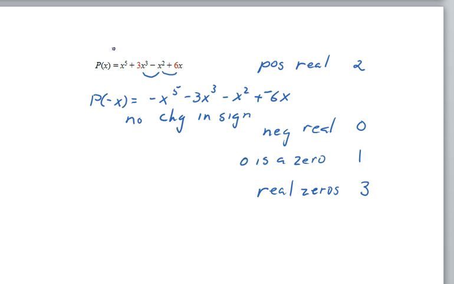The reason that x is a zero is that x is a factor of the polynomial. If we factored out the x, we'd get x to the 4th plus 3x squared minus x plus 6.